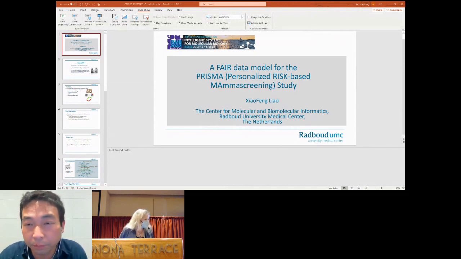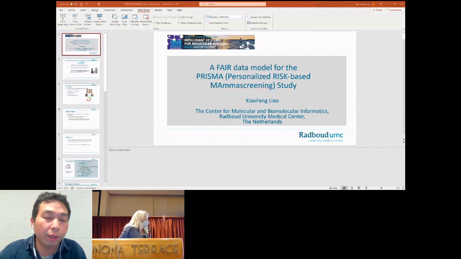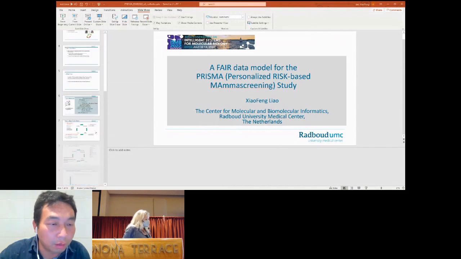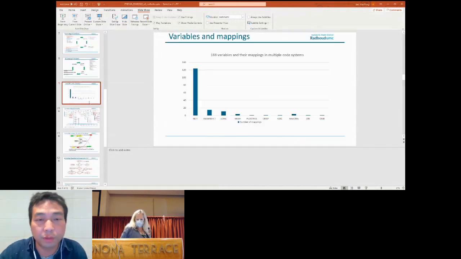Yeah, and she further asked if you considered aligning to any of the OBO Foundry ontologies, like the Human Phenotype Ontology or the Mondo Disease Ontology. As we showed in the slide, let me show you this slide.